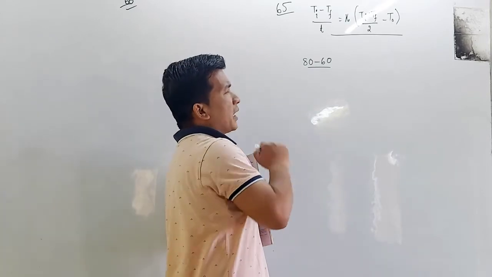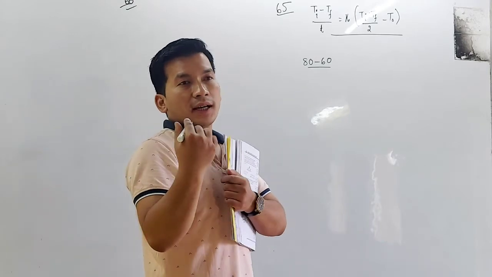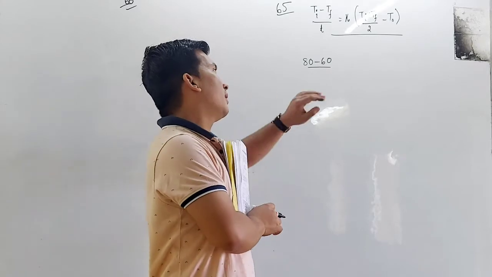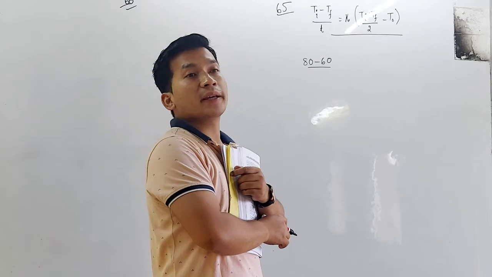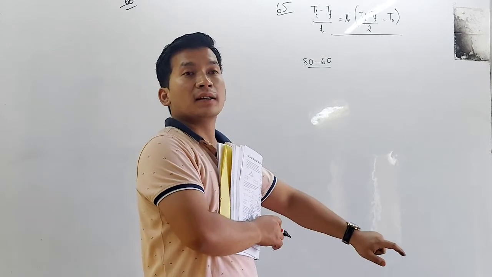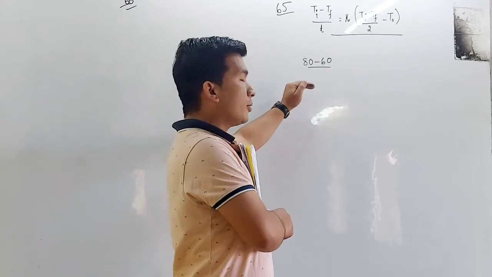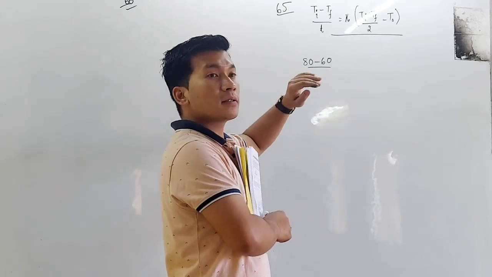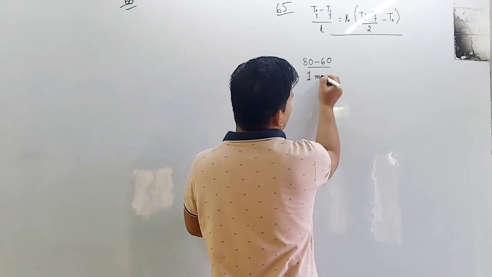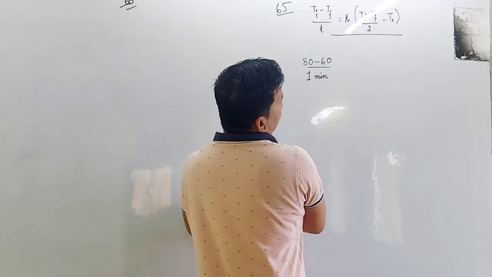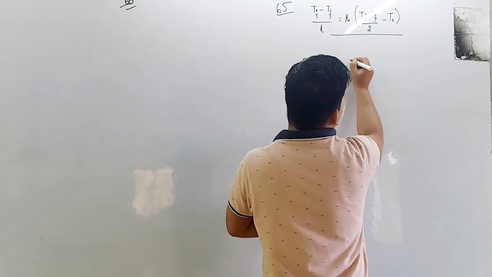For easy calculation let us calculate in terms of minutes, and finally after getting the answer we can simply convert it into seconds by multiplying by 60. So we simply take it as 1 minute.